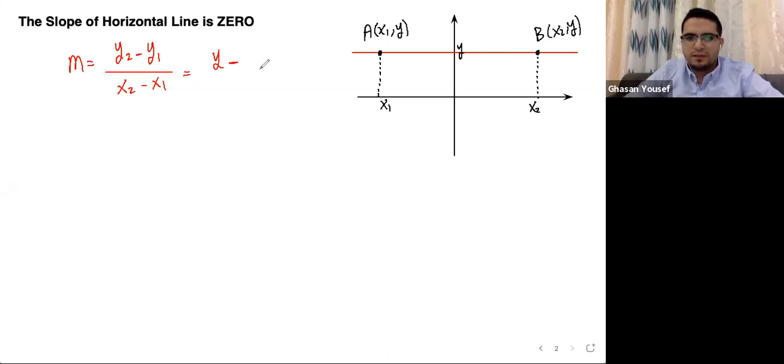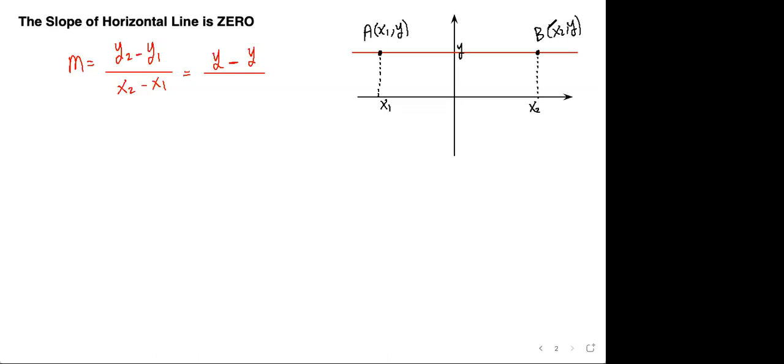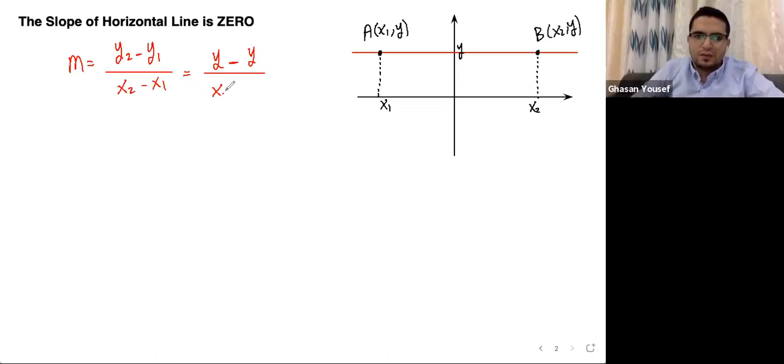It's again y, exactly. So y minus y over, what is my x2? x2. And what is my x1? x1. What's y minus y equal? 0. This is correct, Bilal.